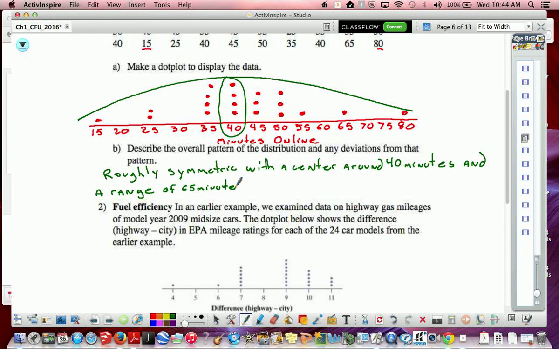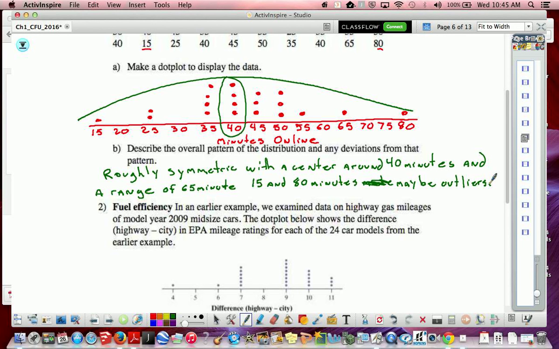Now it does say, describe any deviations. We might want to say 15 and 80 minutes may be outliers. Whoops, I wrote may be outliers. Now if you only said 80, I'd probably be okay with that if you left off 15, because even when I look at 40, it's only 25 away versus 40 away.